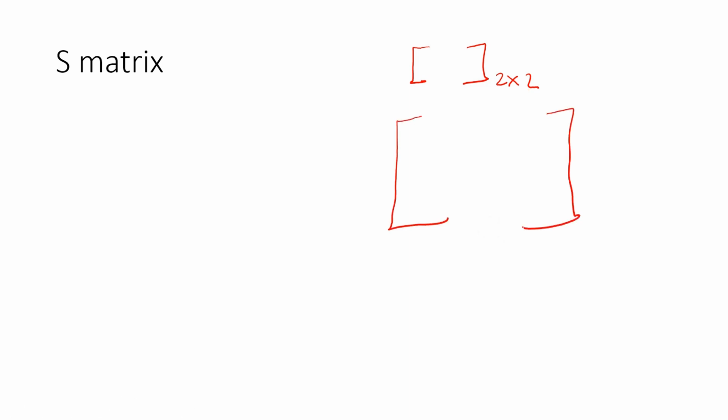I want to skip this slide, but still let me tell you one thing. For a 2-port network, our S parameter is 2 by 2. Now it is a 4-port network, so our S parameter will be 4 by 4. So let's derive the S parameter for this 4-port network.